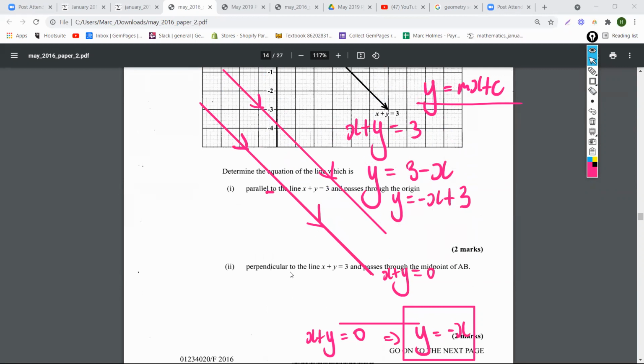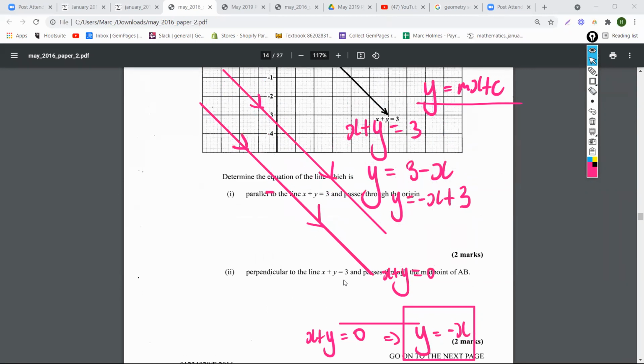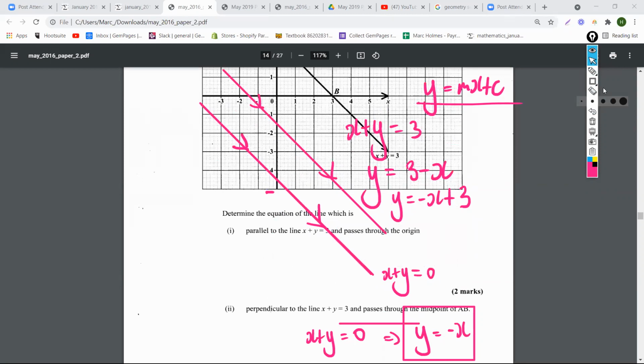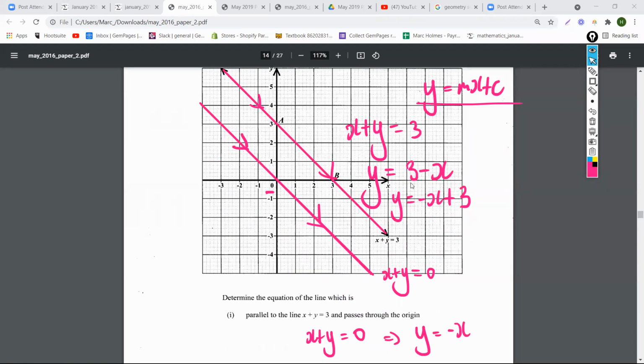It says here, determine the equation of the line which is perpendicular to the line x plus y is equal to 3 and passes through the midpoint of AB.